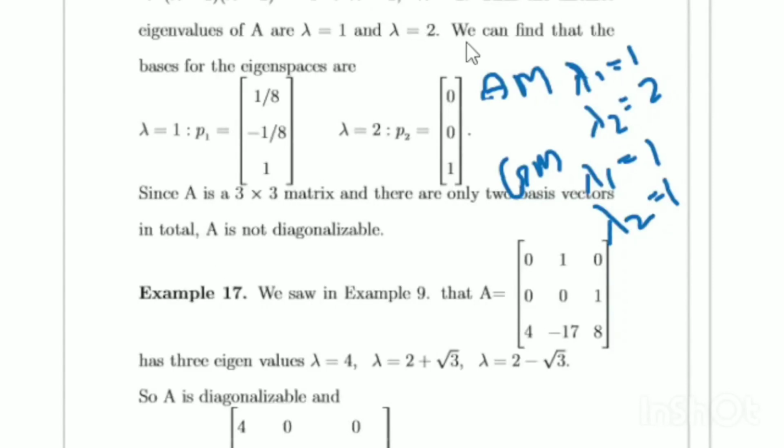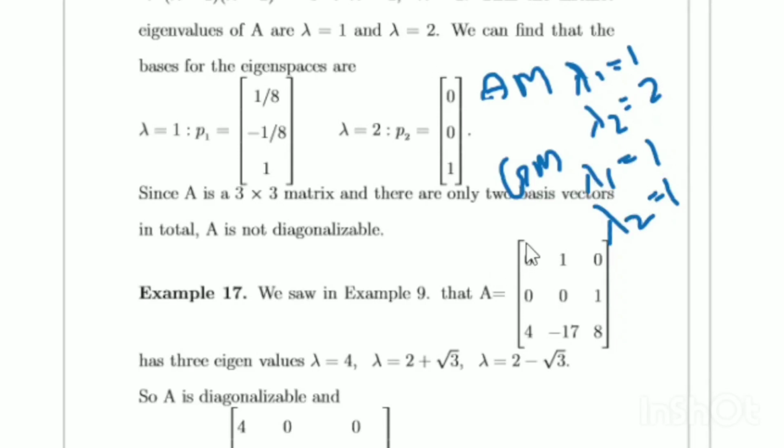Look at the previous example. The algebraic multiplicity of lambda 1 is 1, and for lambda 2 it is 2, that is how many times the eigenvalue is repeated. The geometric multiplicity for lambda 1 is 1, that is, the dimension of the eigenspace corresponding to lambda 1 is 1, and corresponding to lambda 2 it is 2.